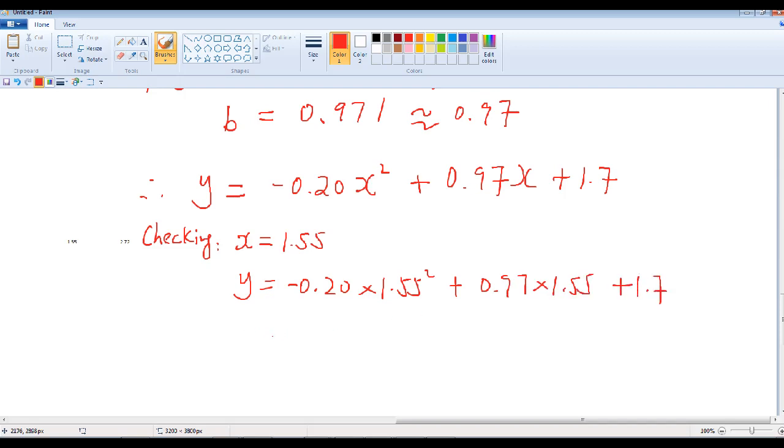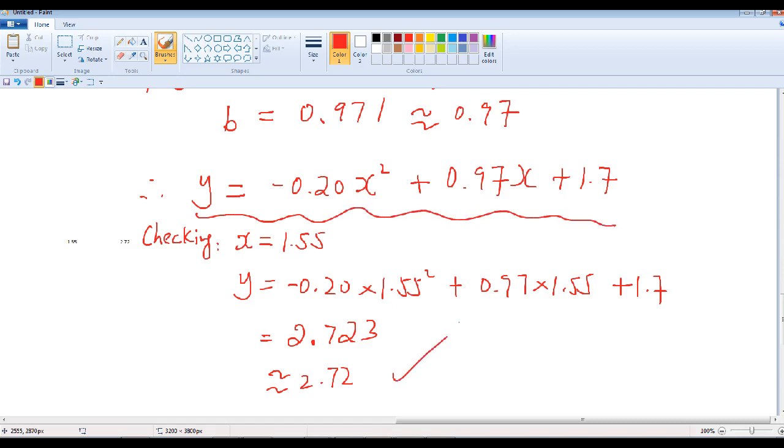Let's see how close it is. The answer would be 2.723, which is 2.72. Yeah, that agrees with the values in the table, so it seems our general form is correct.